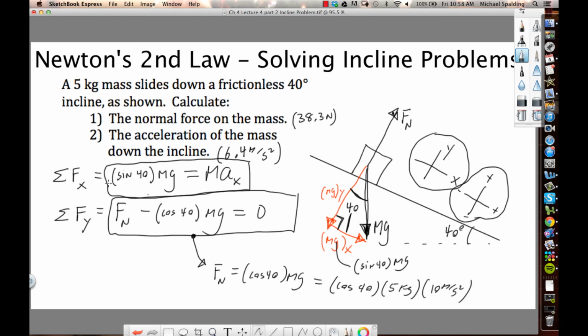Okay? Oh, and by the way, a quick comment about normal force. At this point in the class, some of you have memorized incorrectly that normal force equals mg. I've heard so many kids say that over the years. They're like, oh, wait a minute, I thought normal force was mg. How many of you had that? Look, there's only one time when normal force equals mg, and that's when you have an object on a flat surface.